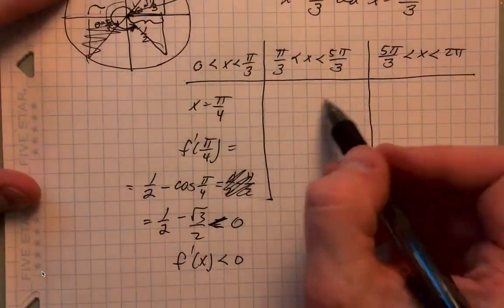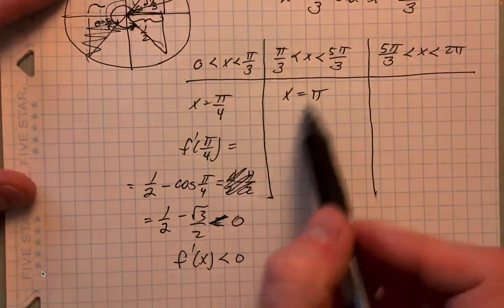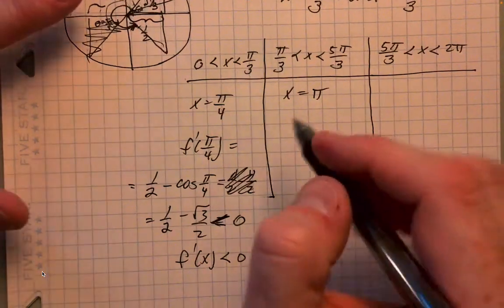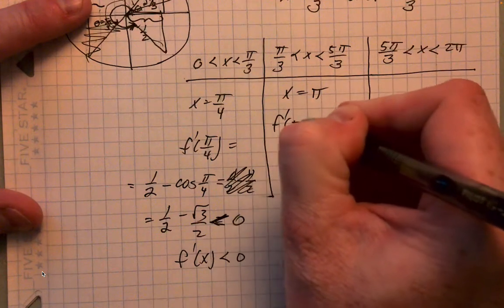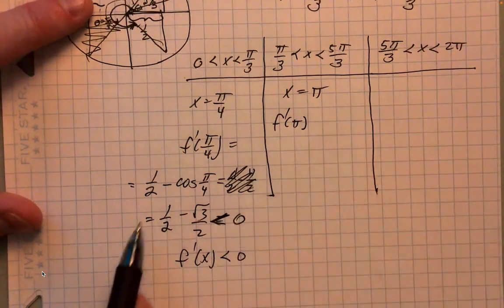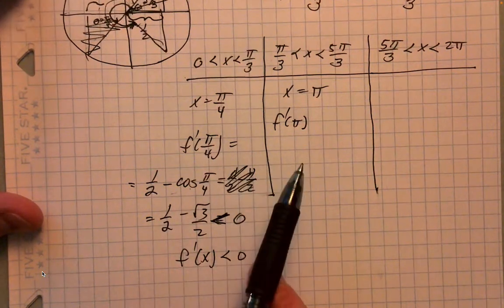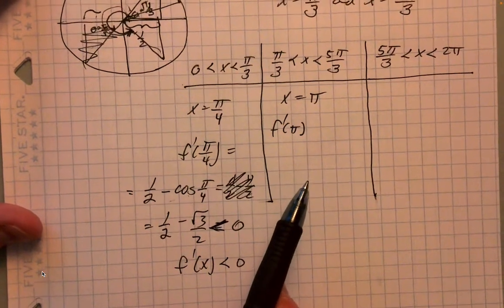And then what happens in between here? Well, let's just test the value x equals pi. And again, I apologize, I don't have my calculator handy, so I can't confirm these values. But if you test the derivative here, so f prime of pi, right? Again, that'd be 1/2 minus the cosine of pi. So cosine of pi is 0.